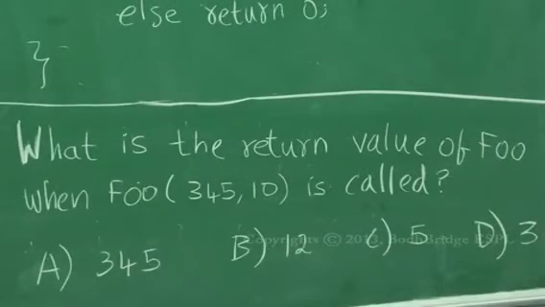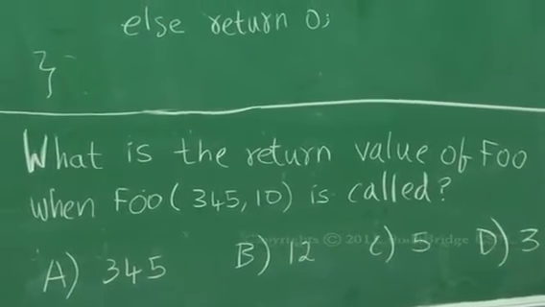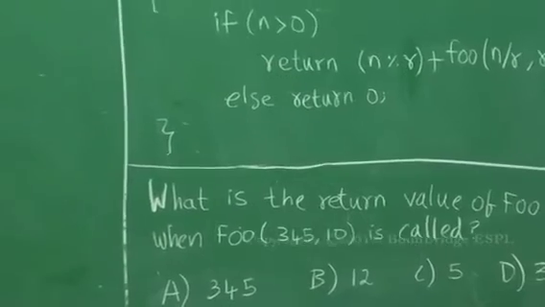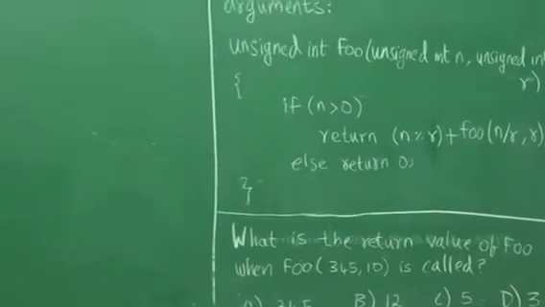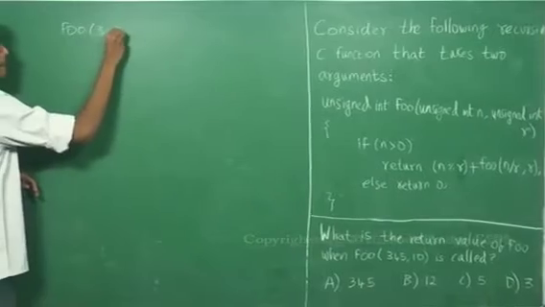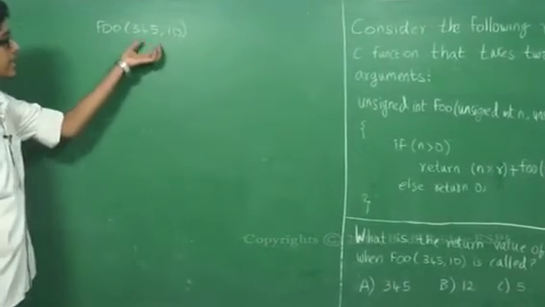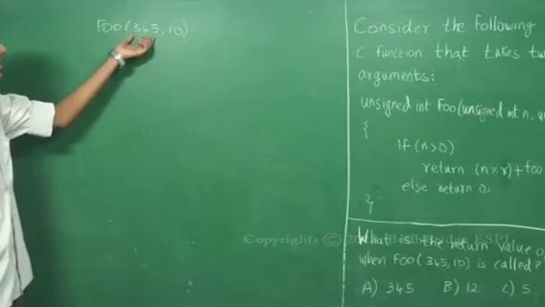The second part is, what is the return value of foo when foo of 345 comma 10 is called? So again we solve this using the recursion tree method. So first foo of 345 comma 10 is called. So 345 is n and 10 is r. So n is greater than 0.